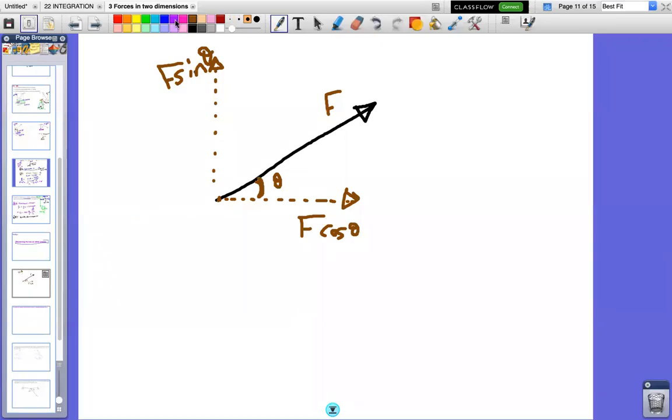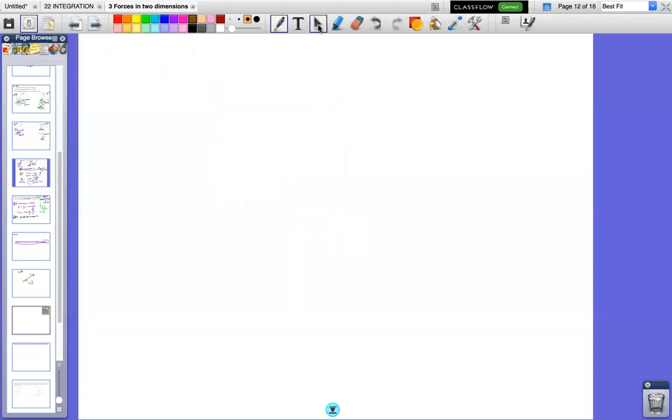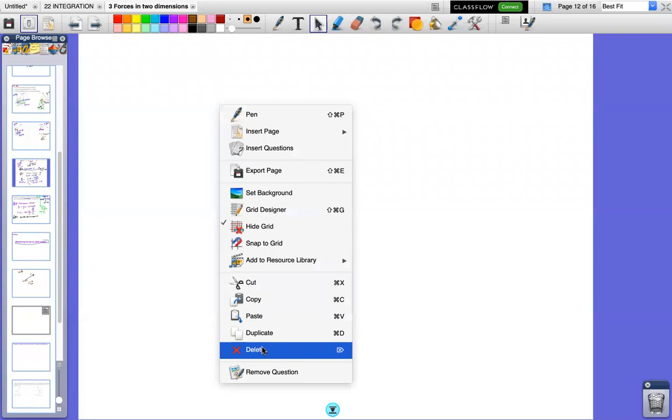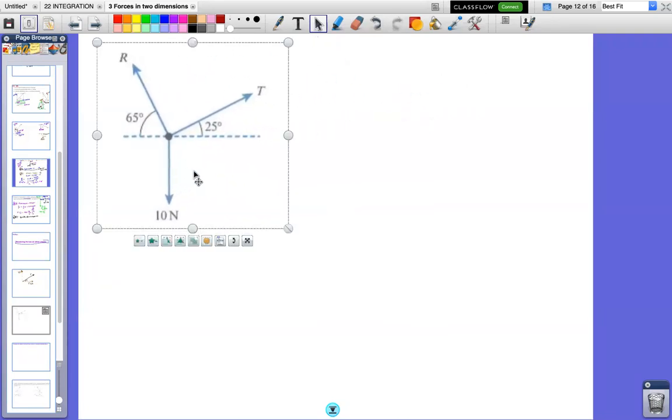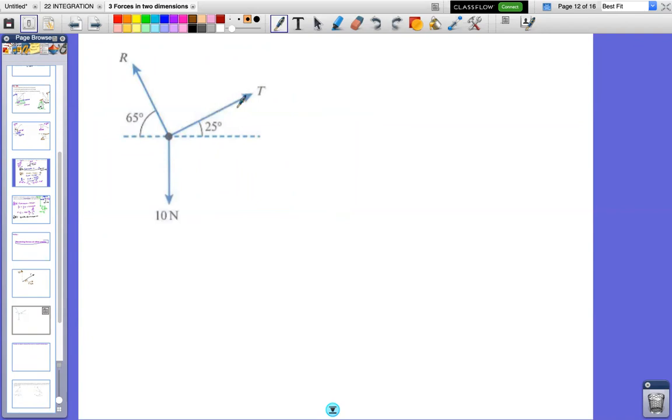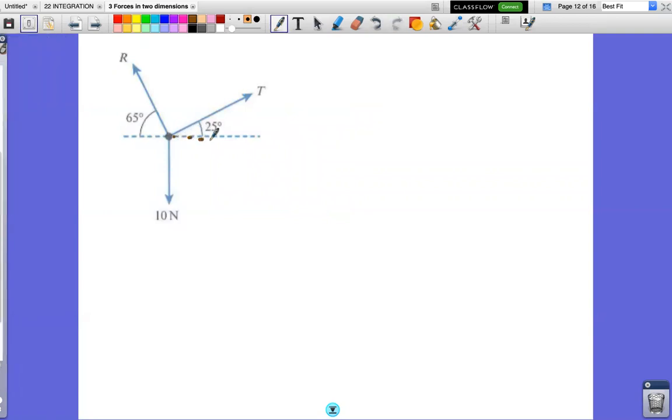In this problem, if this object is in equilibrium, we are asked to look for the forces T and R. We can resolve this one this way to get T cos 25, and that way to have T sine 25.